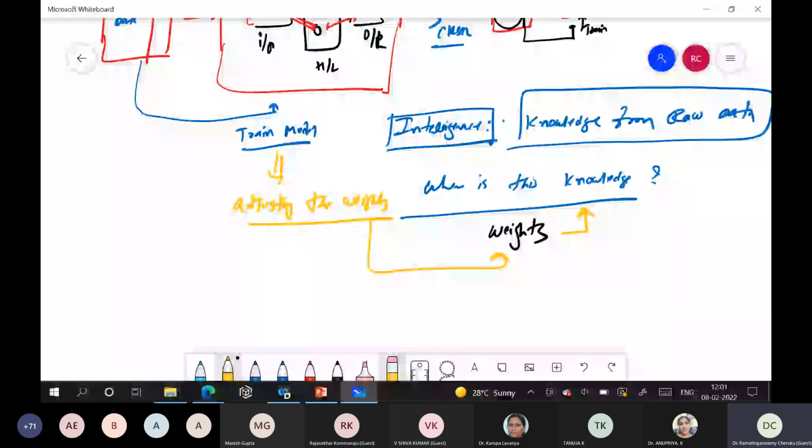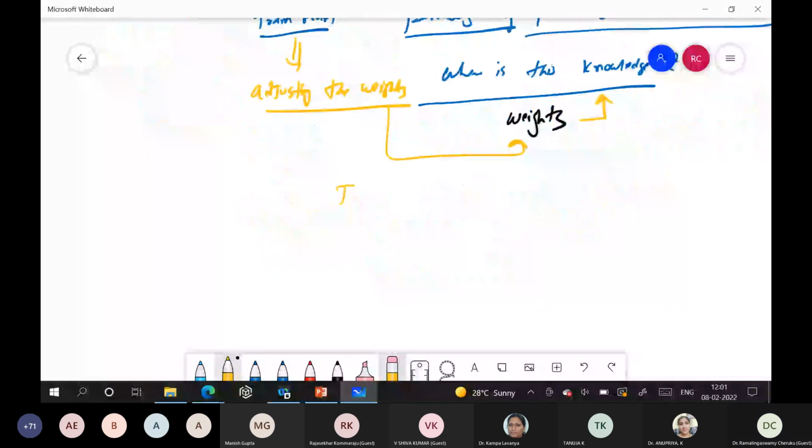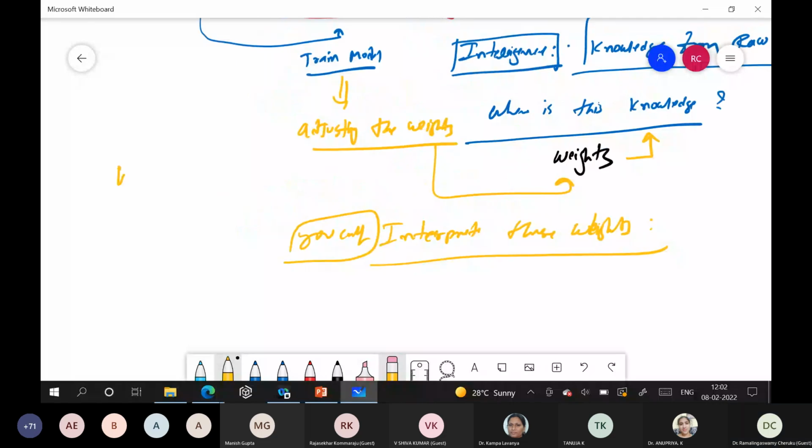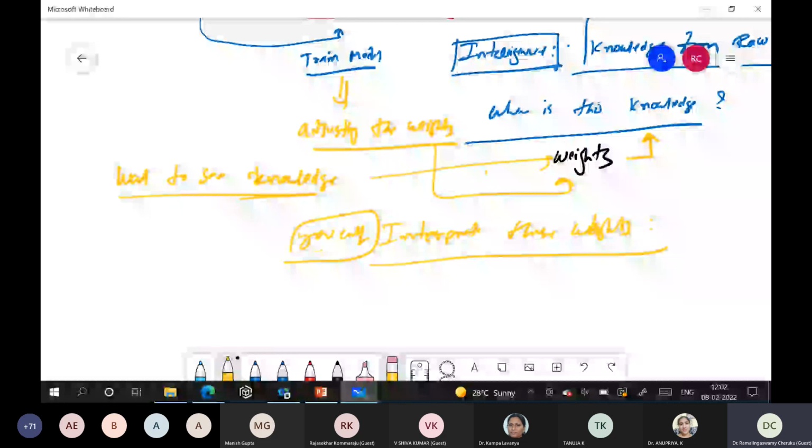But you cannot interpret these weights. I want to look at the knowledge, but the knowledge is in the form of weights, and by looking at these weights you cannot interpret anything.